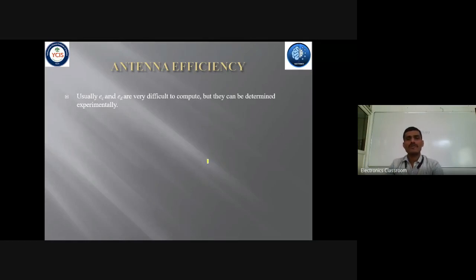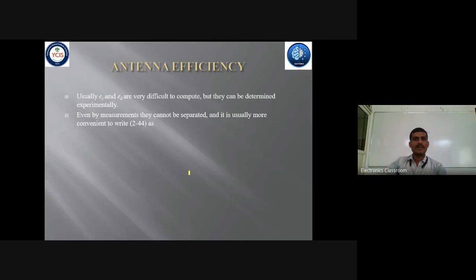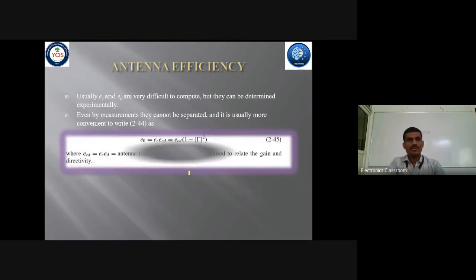So instead of calculating them separately, we can use a more convenient equation, where we combine these two efficiencies, the conduction and dielectric efficiencies of the antenna.